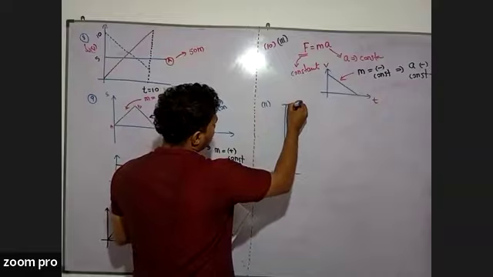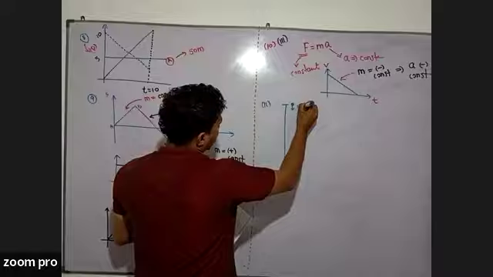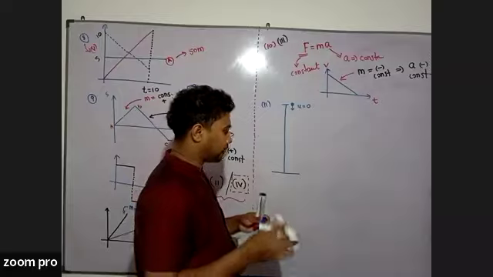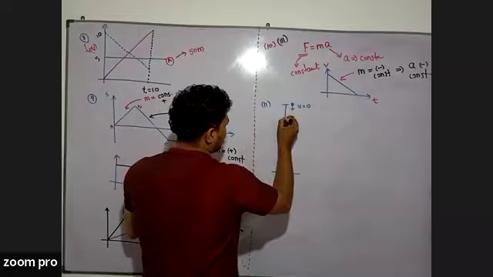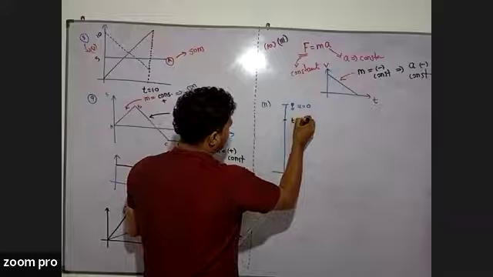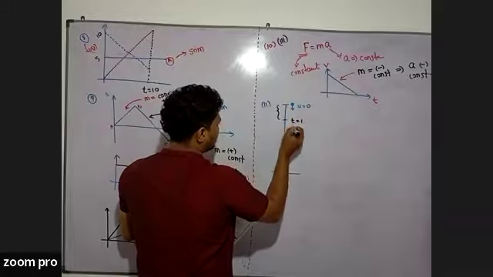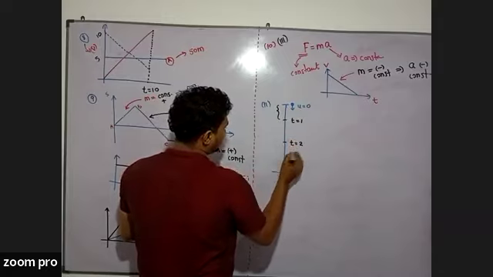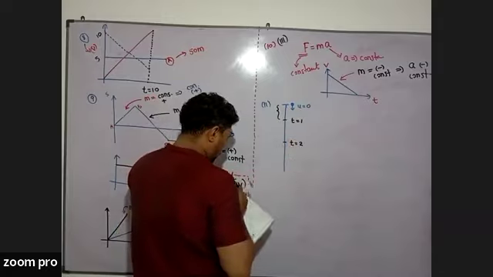So let's assume the object is falling freely, that means the initial velocity is equal to 0, right? So let's assume that this is the distance traveled in the first second. This is the location of the object at the third second.